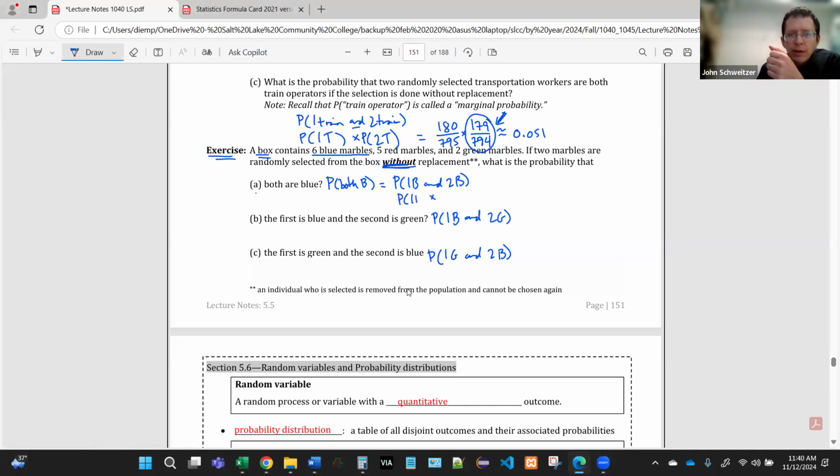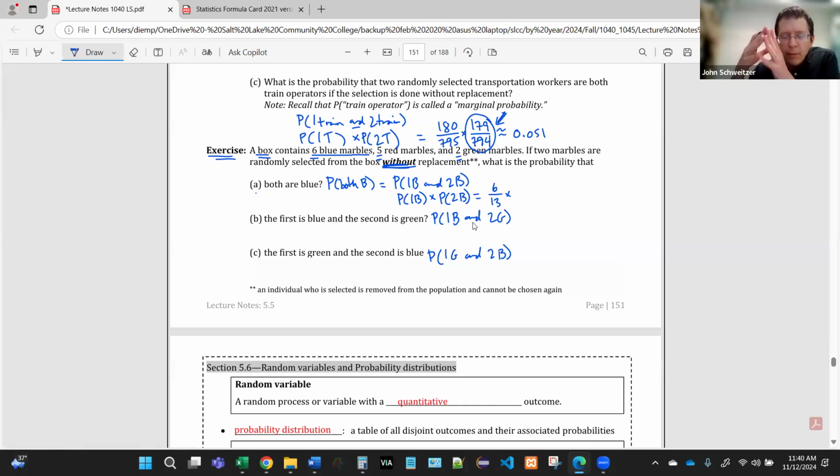So it's going to be the probability that the first is blue times the probability the second is blue. So the first one is pretty straightforward, right? We just count the number of blue. So there's 6 plus 5 is 11, plus 2 is 13. So there's 13 marbles to choose from, and there's 6 of them that can give us a blue.